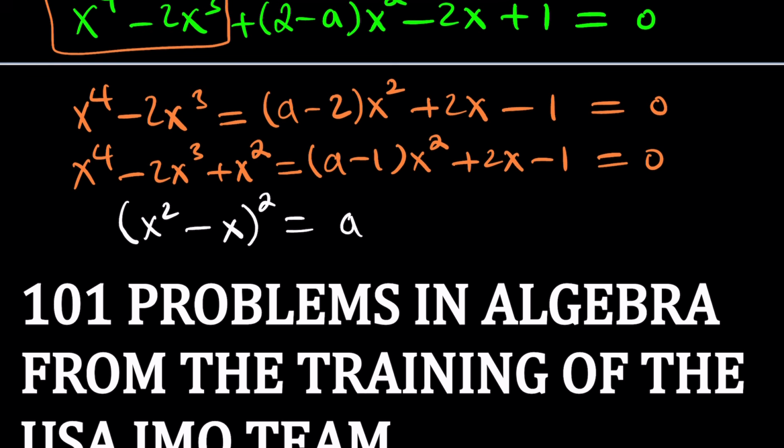Great. How about the right-hand side? Can it also be a perfect square? That would be awesome, right? Don't you think? Well, it would be, but we have a problem. Houston, the only problem we have is this minus sign. Now, here's the deal. If a minus 1 is negative, then we're going to be okay. Why?